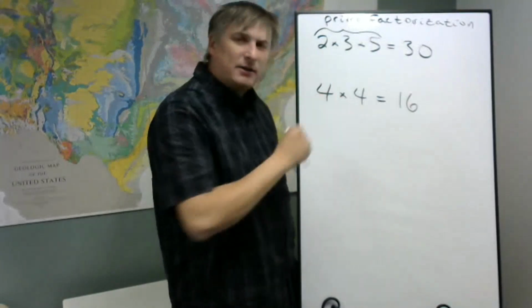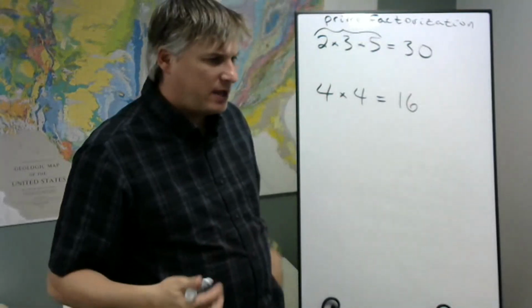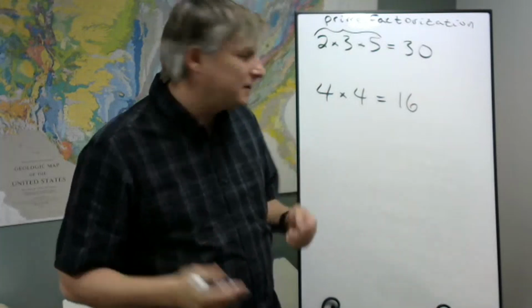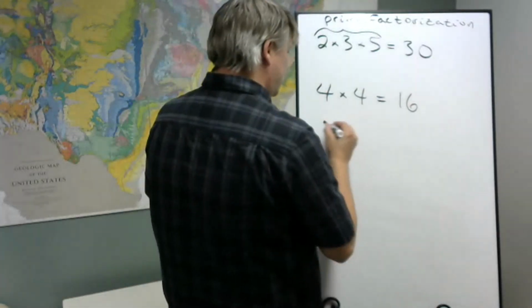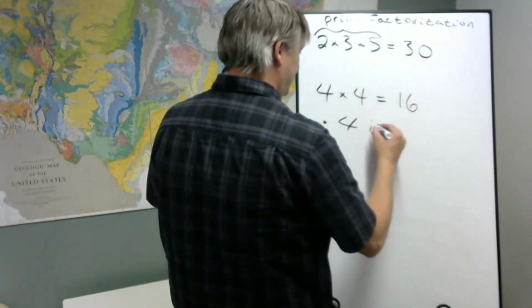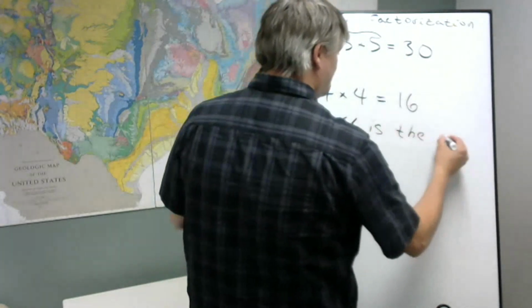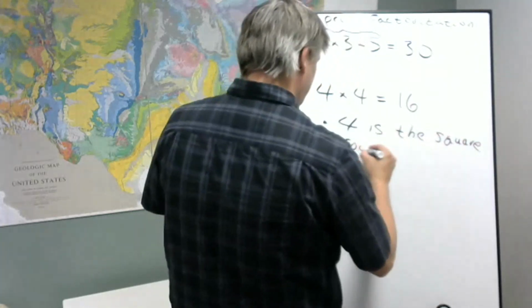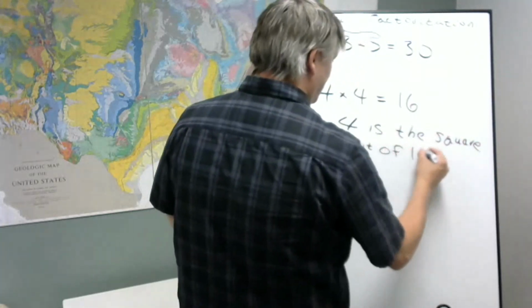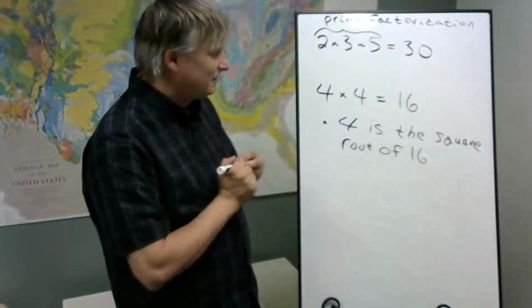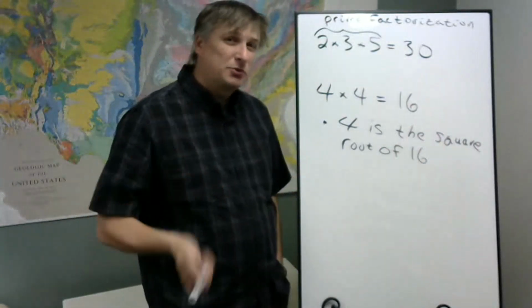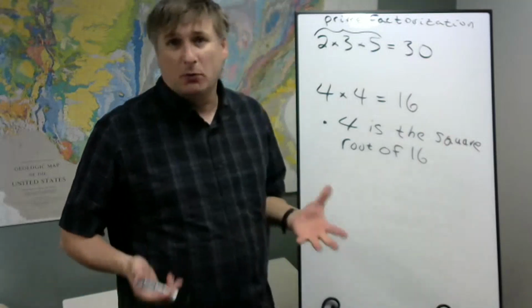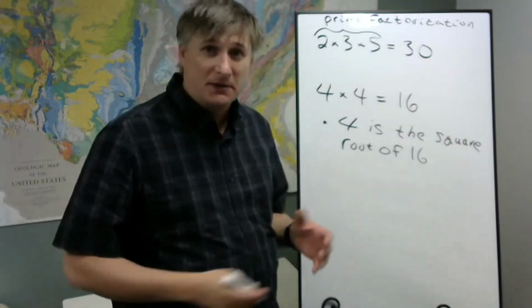But when you take a number and multiply it by itself, we have a different term for that. We say that 4 is the square root of 16. So because we can multiply 4 by itself to get 16, we say that 4 is the square root of 16.